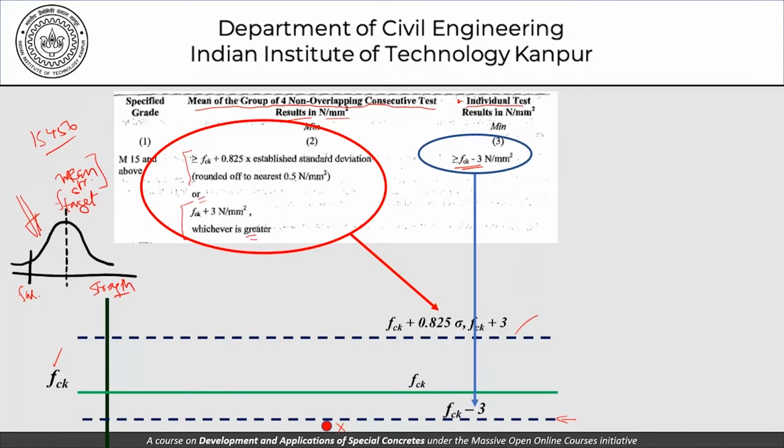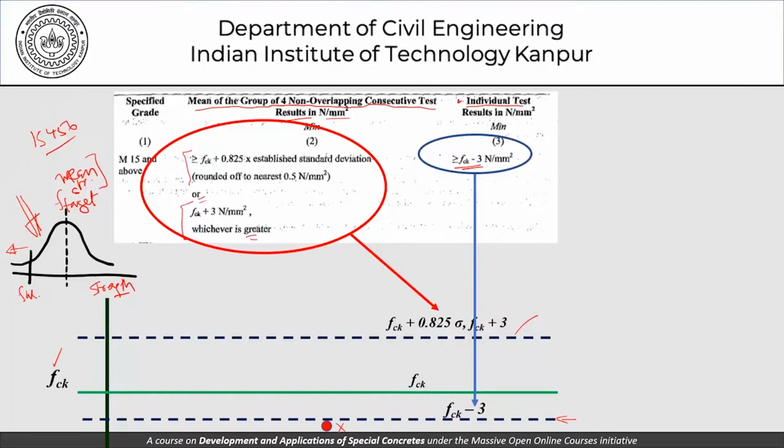So basically what it's being said is that even though science allows 5% specimens to fall below this, engineering tells us that we cannot be allowed to go far below this FCK, and in no case we will allow any part of concrete in our structure to be further than FCK minus 3 from there.